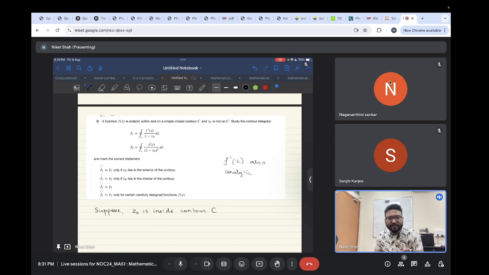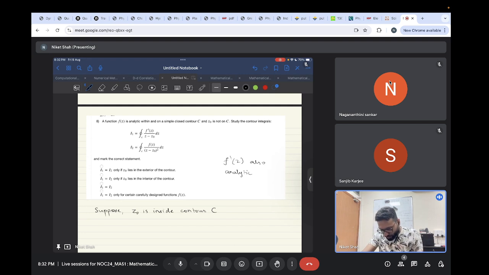Because analyticity is a very strict condition. It's not just that f of z is analytic and we don't know about f prime of z. f of z being analytic is a very strict condition, so f prime of z is also ensured to be analytic. We've done that in week 1 itself. Sir has explained analyticity quite well. So we can assume f prime of z is also analytic. That's a fair assumption.